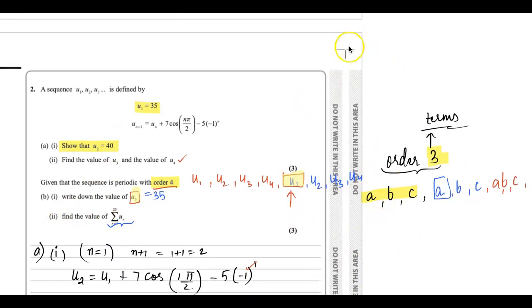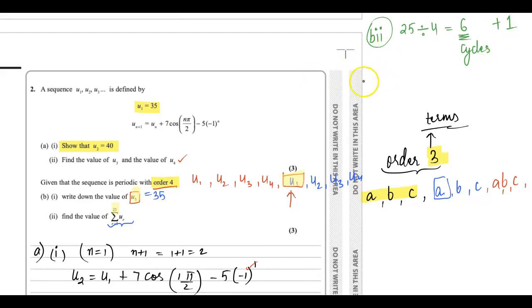Now for b(ii), I'll be solving here with the green color. The maximum we have to reach is 25 terms, but because the order is 4, each repeating cycle will have 4 terms. So we divide by 4. 4 times 6 is 24. So you're going to be getting 6 repeating cycles, plus 1 more element, u1.